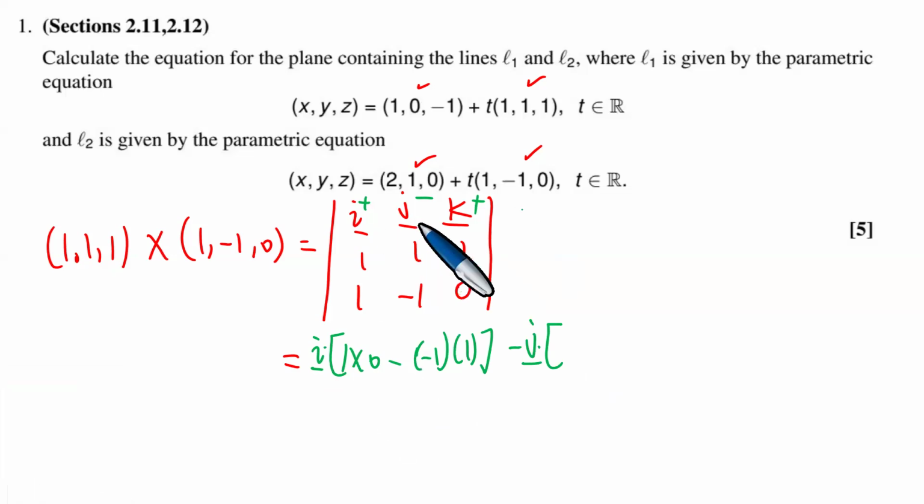Then we block this and that: 1 by 0, 1 by 1.